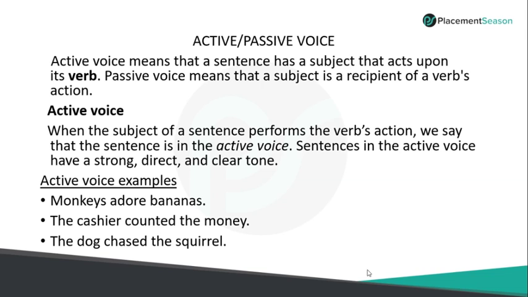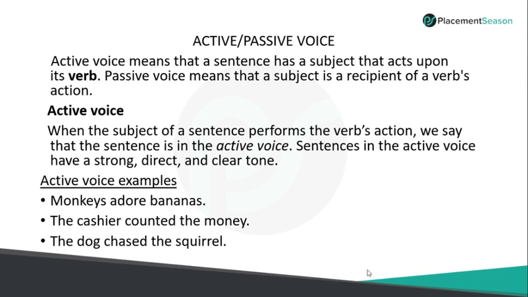So now moving on into active and passive voice. You can expect active and passive voice questions and direct and indirect speech questions in your HCL verbal ability part. And let's have a brief idea about what active and passive voice is.